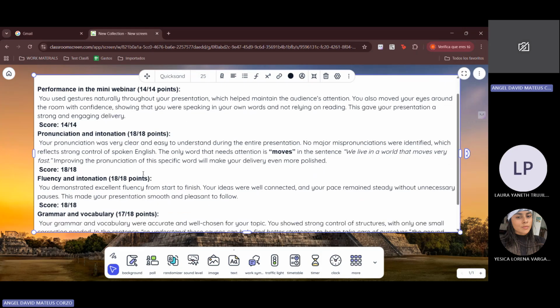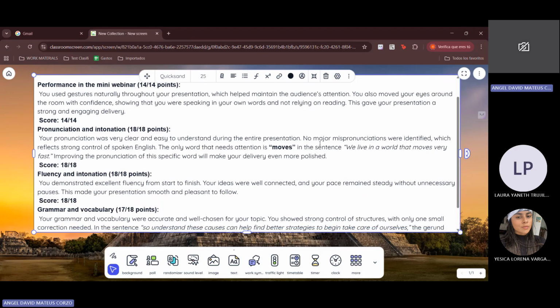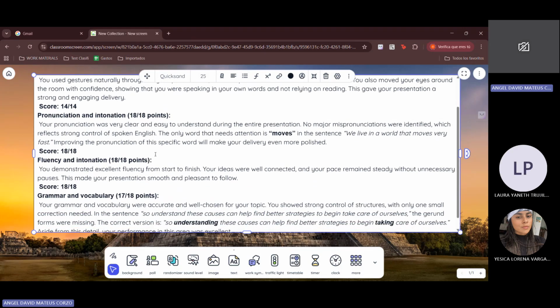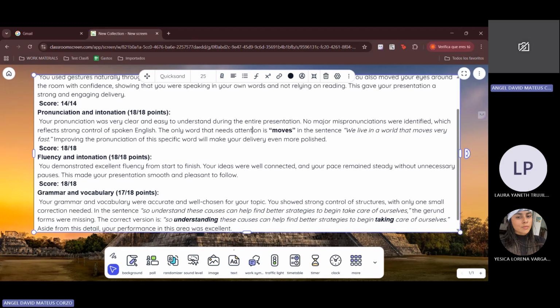As for the pronunciation and intonation, it was clear and easy to understand. No major mispronunciations were identified, which reflects a strong control of spoken English. The only word that needs attention is this one. There was a part when you said we live in a world that moves very fast, so be careful with that, okay? That moves very fast.